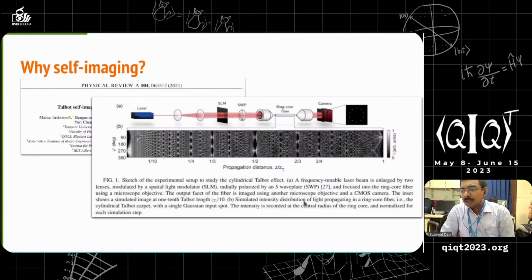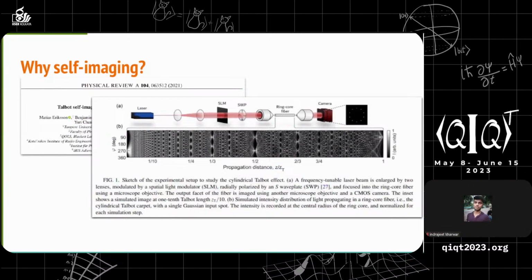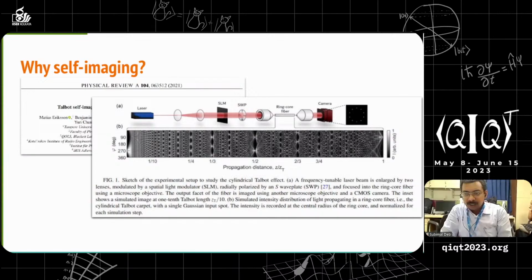They have shown that it can be used as a very high quality beam splitter. They have observed a 2-photon interference, and they have also pointed out that this can have numerous applications, not only as beam splitters, as couplers, as beam multiplexers, for quantum information processing, and a lot of other things. A lot of avenues actually open up if one can exploit self-imaging.